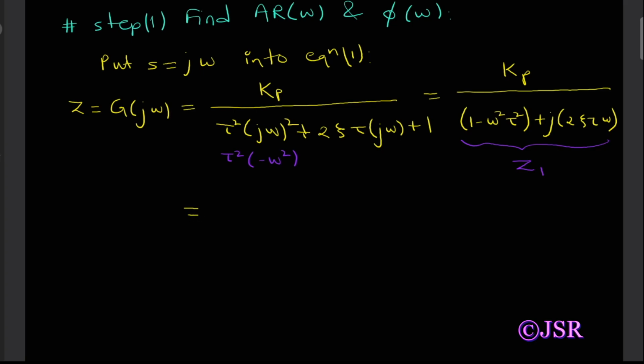So we can write this as Kp Z1 inverse, and this can be written as Kp Z1 conjugate upon mod of Z1 square.